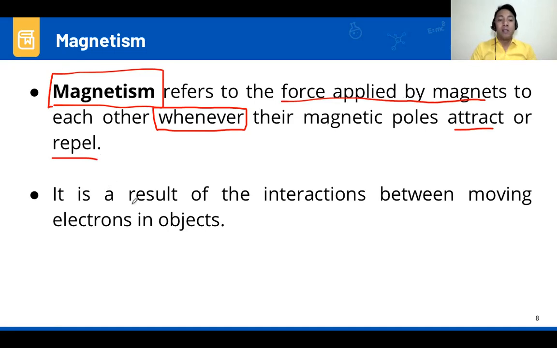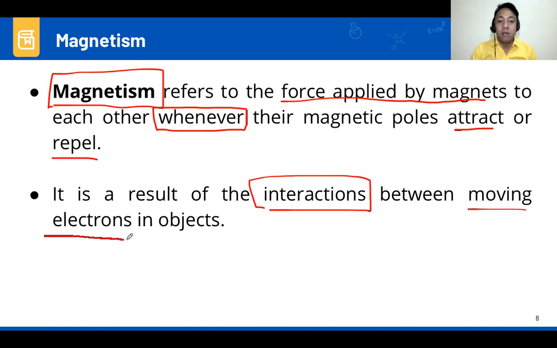It is the result of the interactions between moving electrons in objects. So they have a sameness with electricity. It also has electrons. And as I have told you last time, electrons are all around us, right?